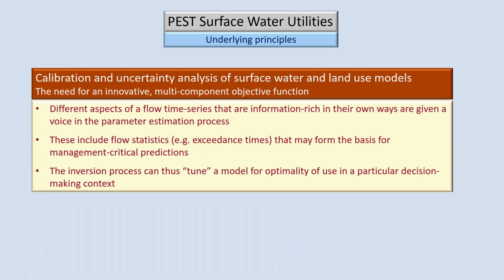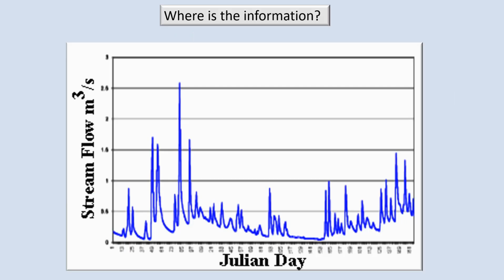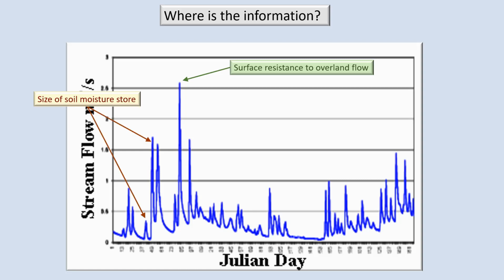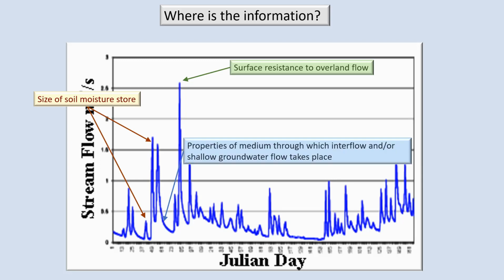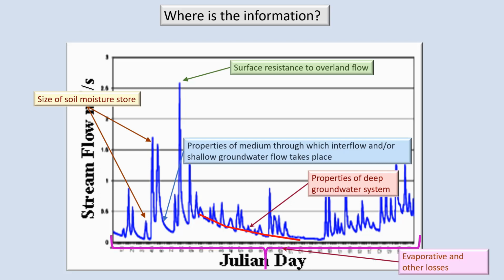Of equal importance is formulation of the objective function that must be minimized through calibration of a surface water model. One could ask, where is the information in a flow time series? Some of that information resides in the peaks at the peak of a wet season. Other information resides in the peaks early in a wet season. Some information resides in short-term recessions, some in long-term recessions, some in average flows.